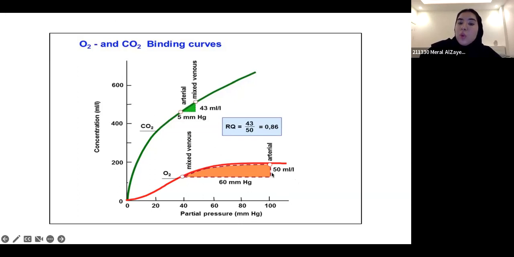And when we lose this 50, this will lead to a loss of partial pressure of oxygen in our body from 100 all the way to 40. So this will lead us to a loss of 60 millimeters of mercury. Okay, is that clear?